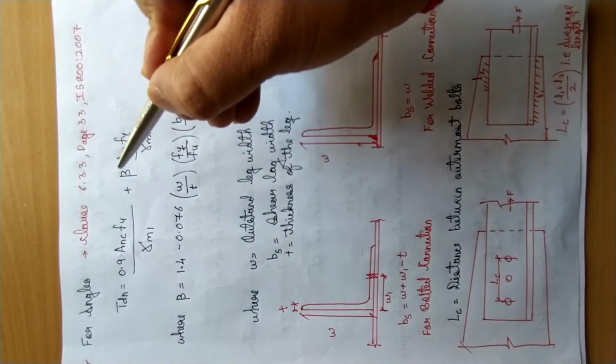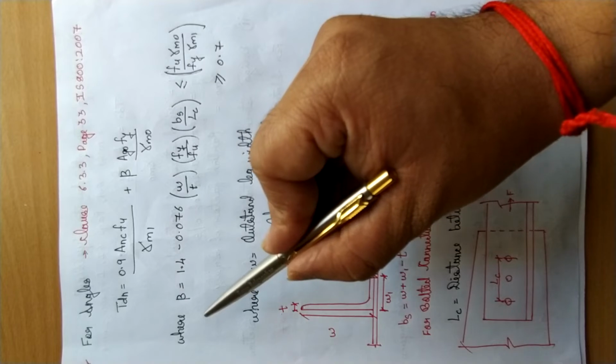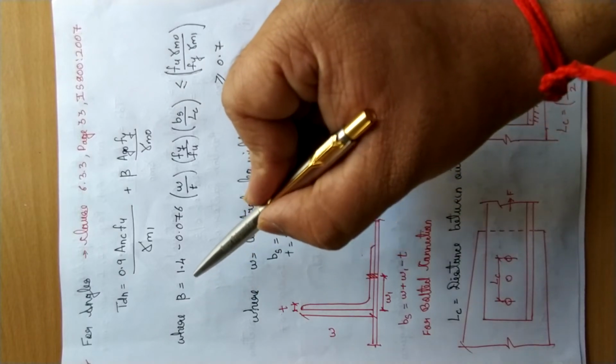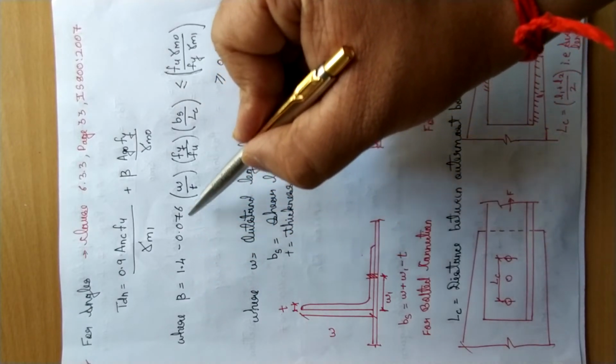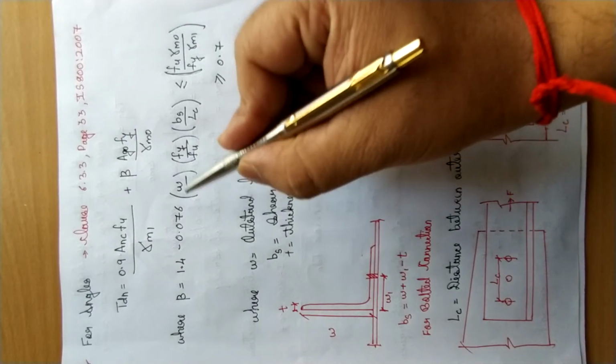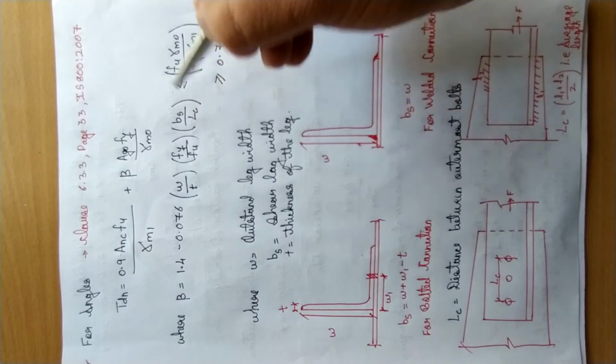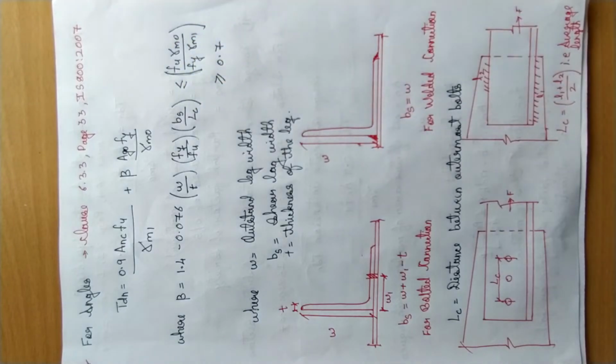Next we will go to this term, that is beta. What is beta? They have already given here, where beta is 1.4 minus 0.076 into bracket w upon t, divided by t, into bracket Fy divided by Fu, into Bs upon Lc. So I would like to show you in the code.